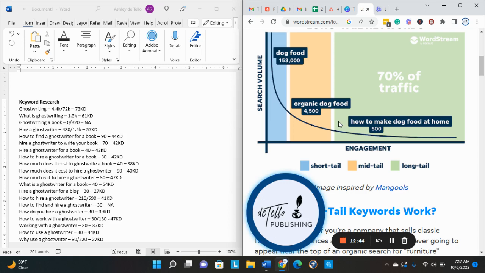The better you can answer the question more concisely, the higher your chance of getting in that little Google lead box at the top of the page that answers the question. And you can see that there's only 500 searches for how to make dog food at home. But if you have a service that teaches how to make dog food at home, or a website or whatever it might be, then you are going to get people coming to your site for exactly what you offer.